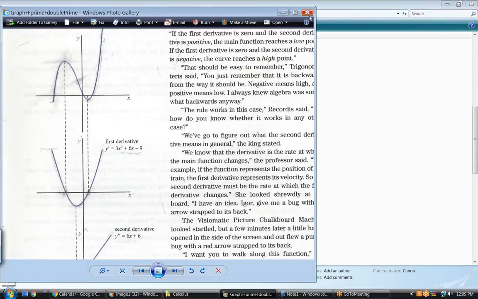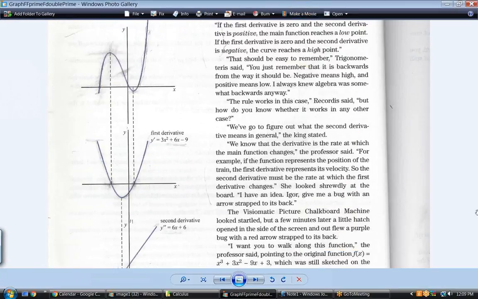And the beauty of this picture is that they put all of them one below the other. So you can verify that when this is increasing, this is positive. When this is decreasing, this is negative. If I have a relative maximum, I know my slopes have to go from positive to negative, which it does.